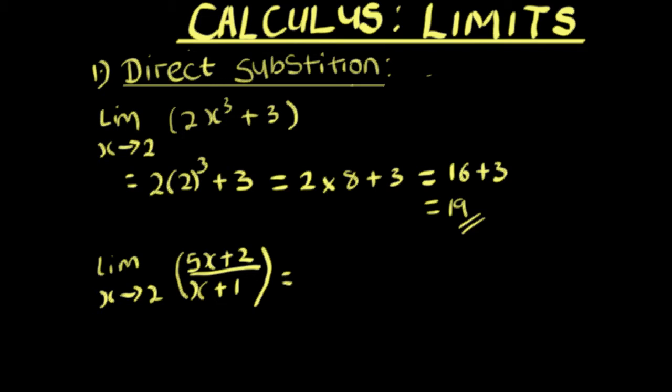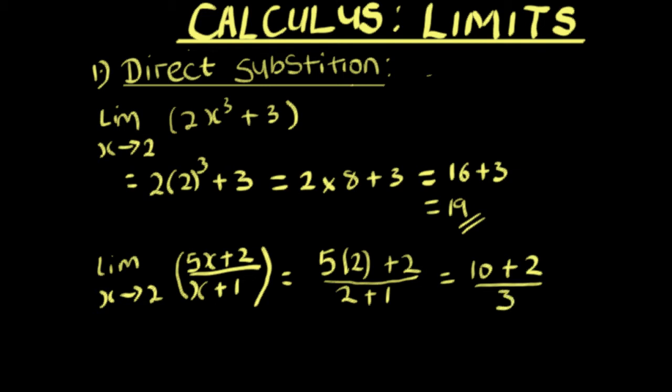So this gives me 5 times 2 plus 2 all over 2 plus 1. 5 times 2 gives me 10 plus 2, and at the denominator 2 plus 1 gives me 3. So 10 plus 2 at the numerator is 12 all over 3, and if you do this little calculation, you're going to have 4.